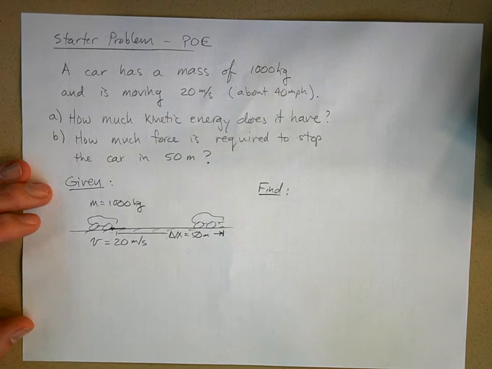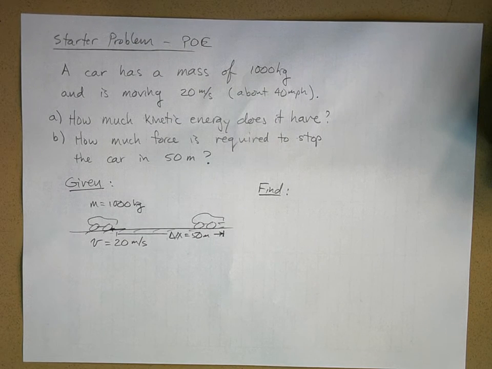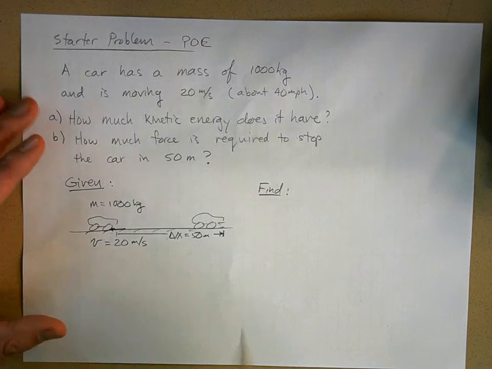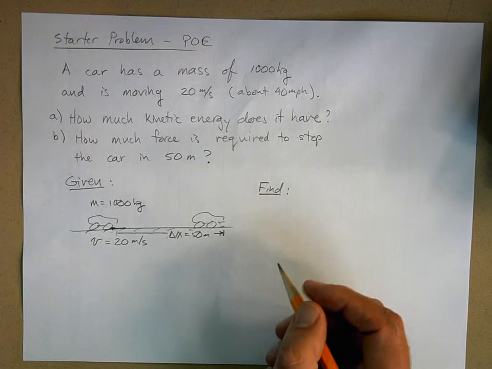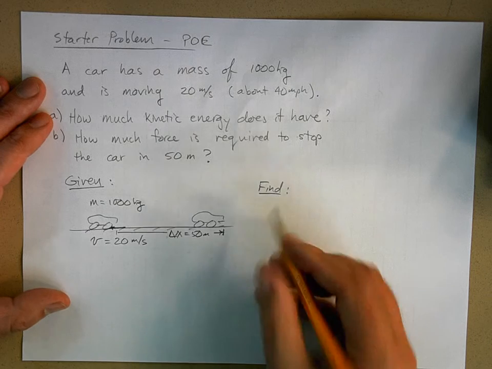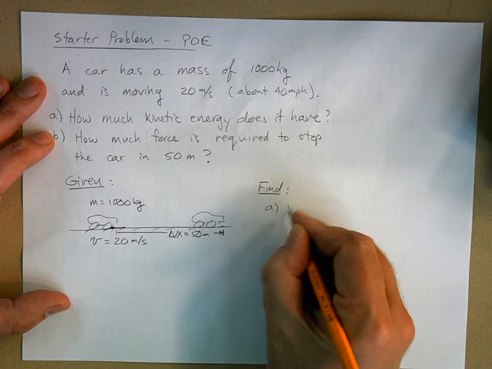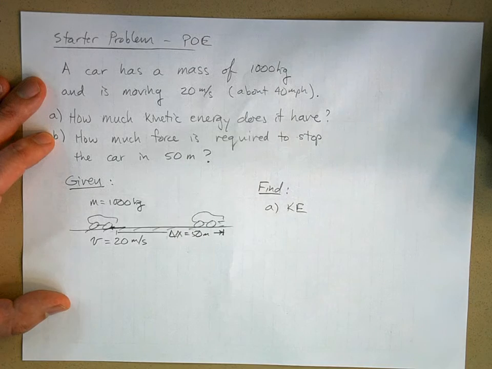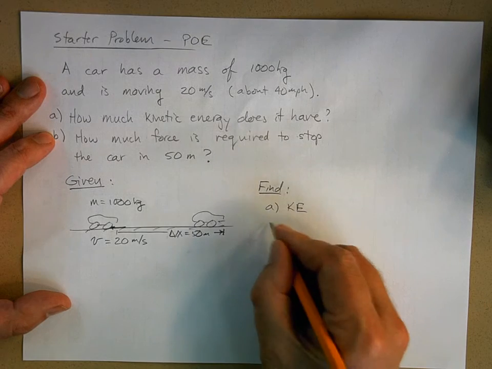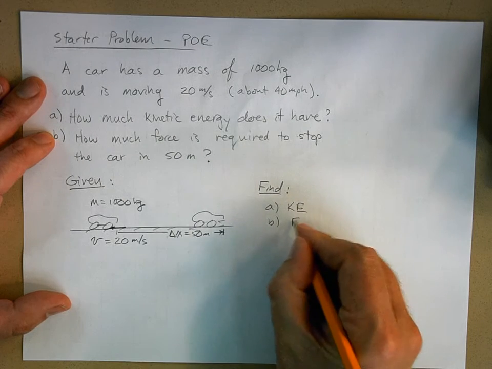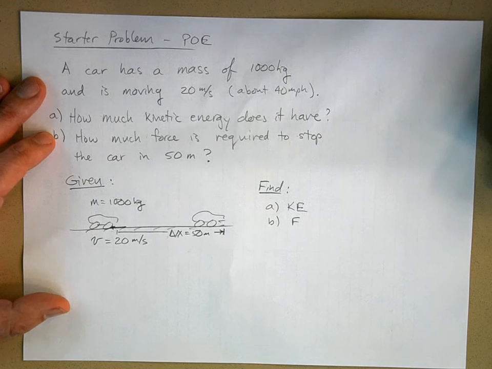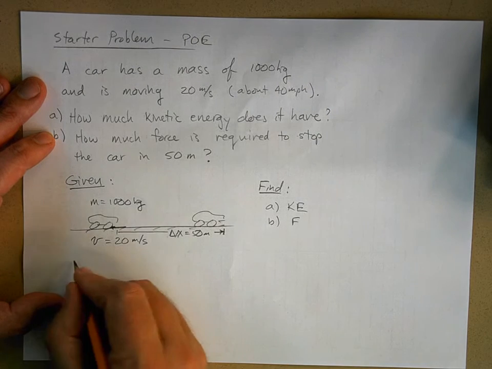Even nowadays, a lot of the homework is online, though you do the problem and plug the number in, and they tell you if you got it right or not. But still, this is a very good way of figuring it out. So kinetic energy, KE, I'll use for that, and then part B, we want to know what force it takes to stop it.